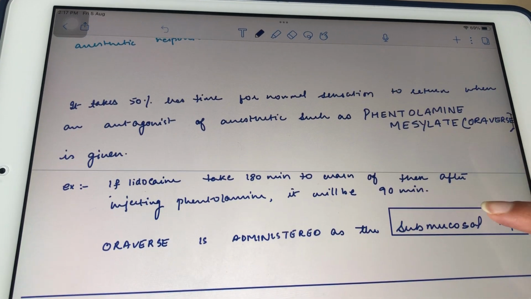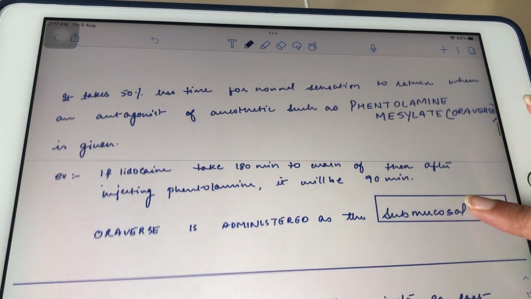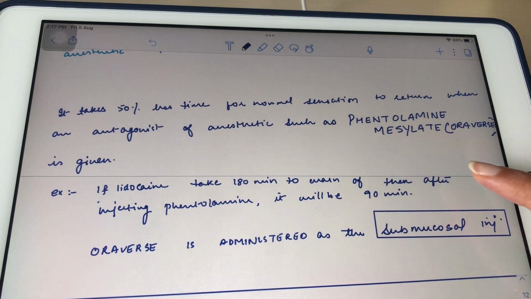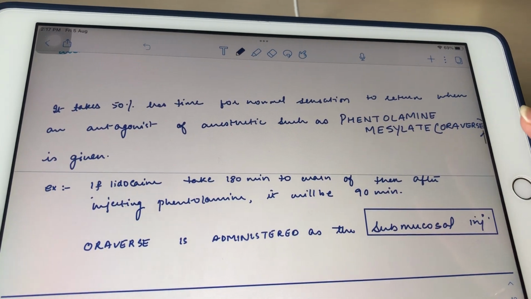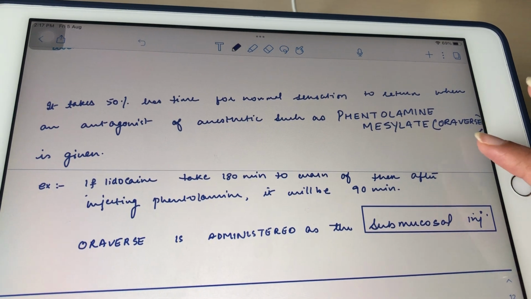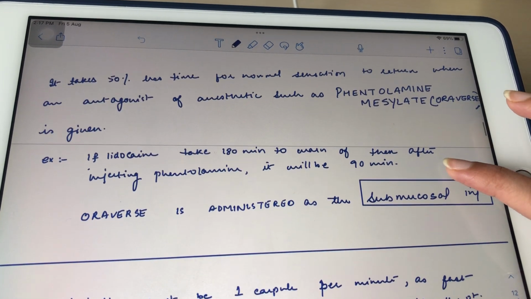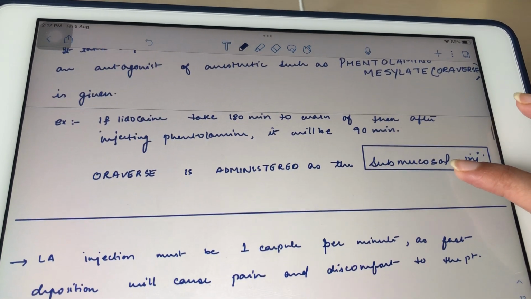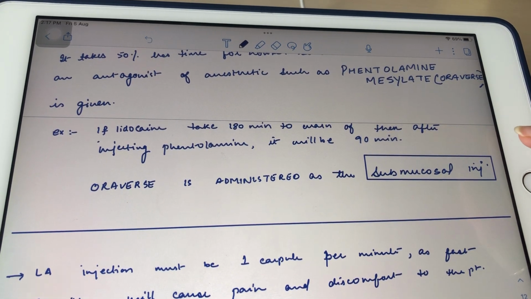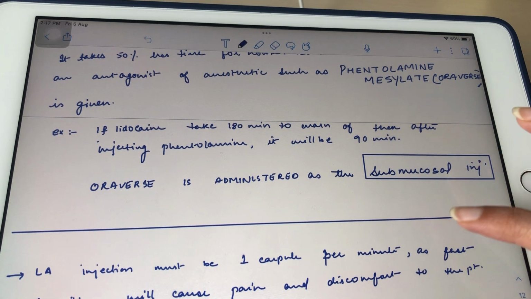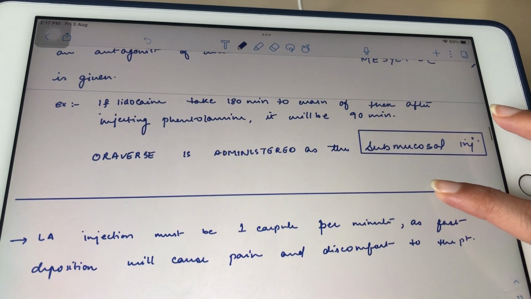Now it takes 50% less time for normal sensation to return when an antagonist of an anesthetic such as phentolamine mesylate is given. Example, if lidocaine takes 180 minutes to wear off, then after injecting phentolamine it will be 90 minutes.